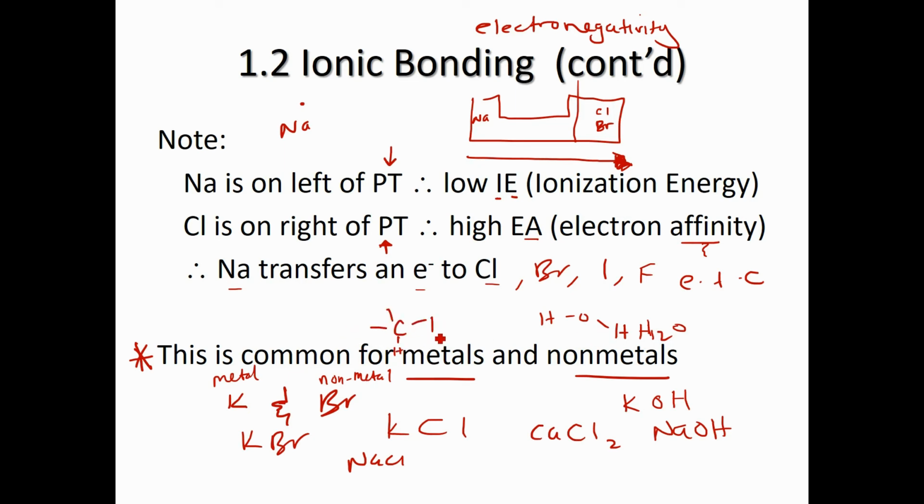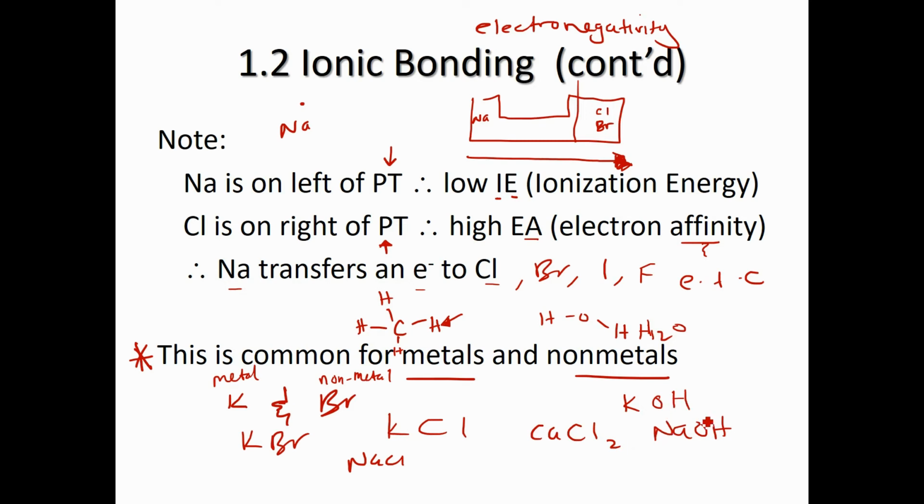Natural gas called methane, we'll talk about this in organic chemistry. Carbon and hydrogens, again, those are nonmetals. I've told you hydrogen is not a metal even though it's in group 1. So this will give you covalent bonds, but these structures down here are all ionic.